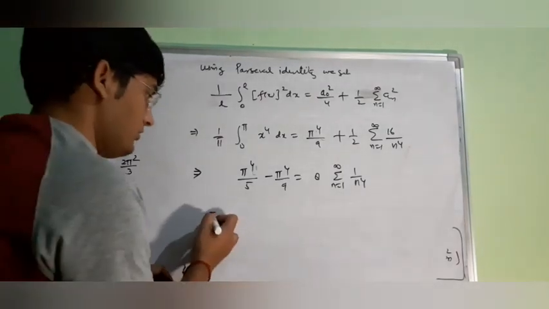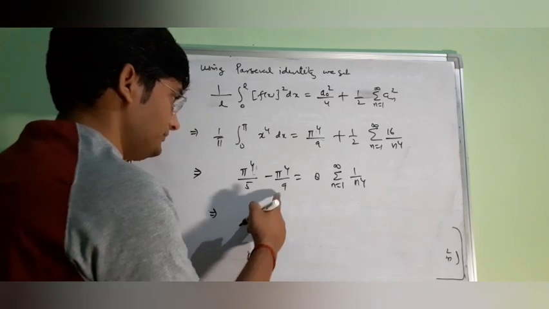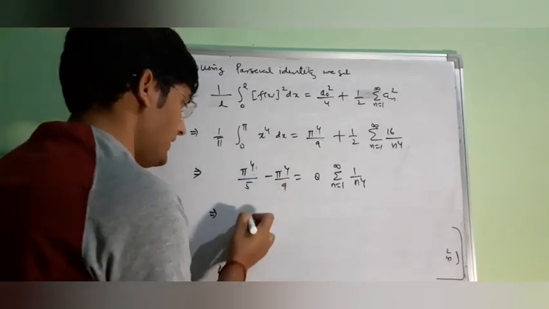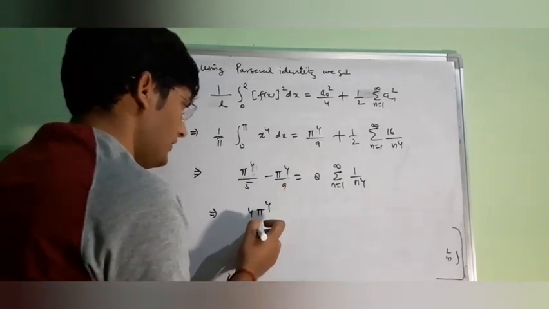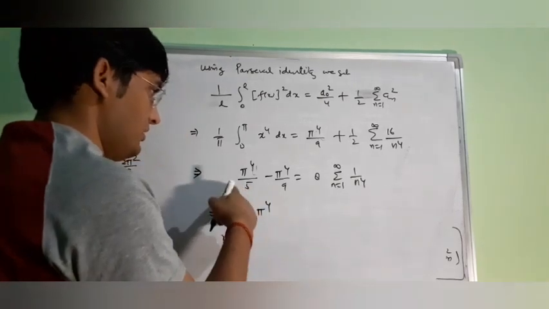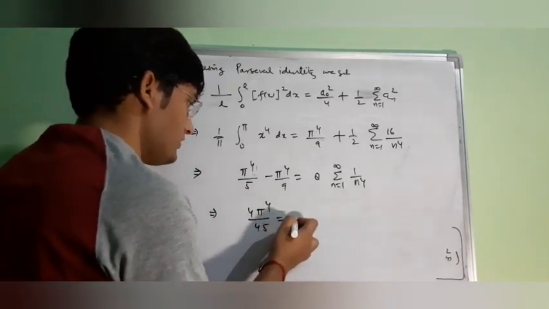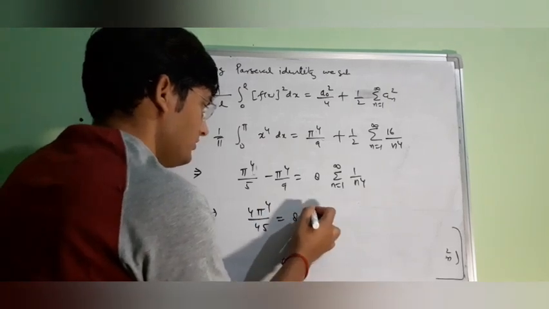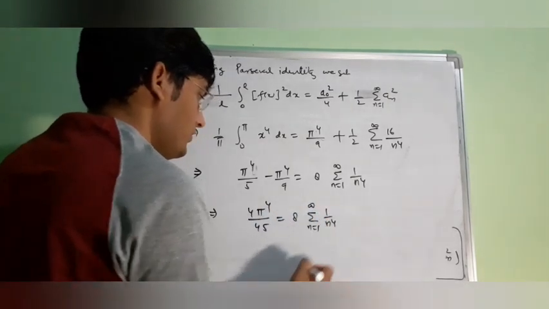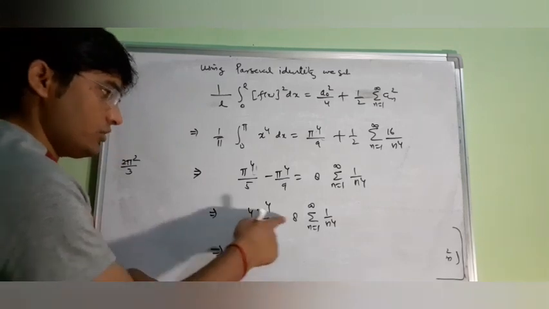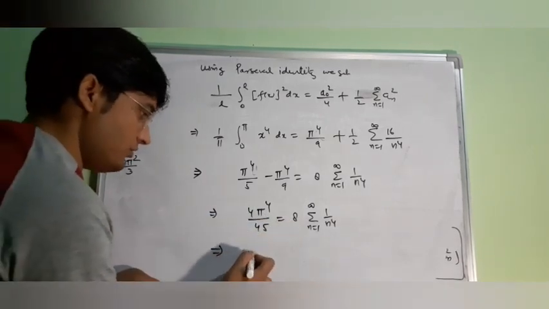Now we can see that this is 9 minus 5, that means 4. So pi power 4 divided by 45 is equal to 8 times summation 1 upon n power 4. So this will be 2, and here we will get 90.